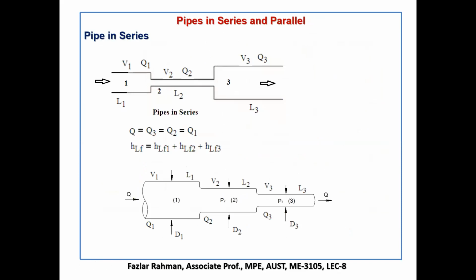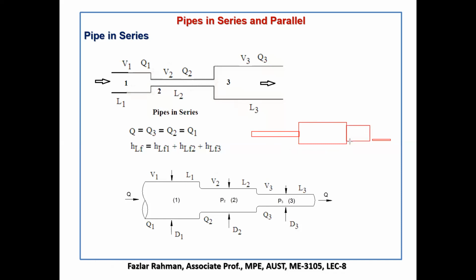Okay, so let's see. Number one thing, pipe in series. Pipe in series means in the same pipeline, sometimes you might have different diameters of pipe, but they are connected in series. If you have one pipe, it has a certain diameter, then you add one more pipe in the same line with a higher diameter, or the diameter might even be reduced.